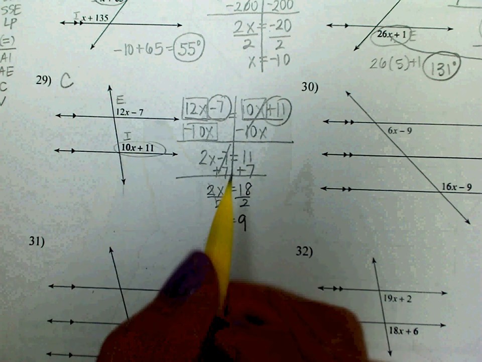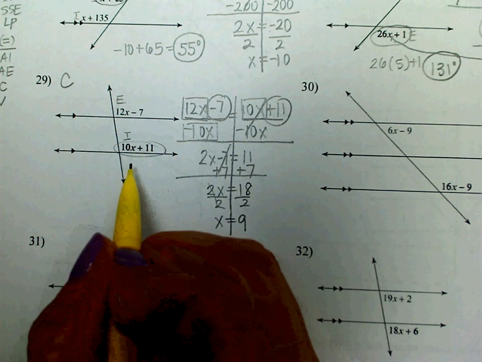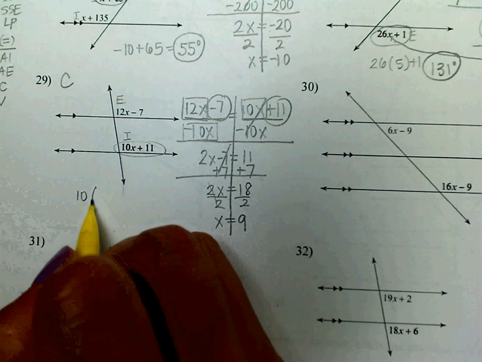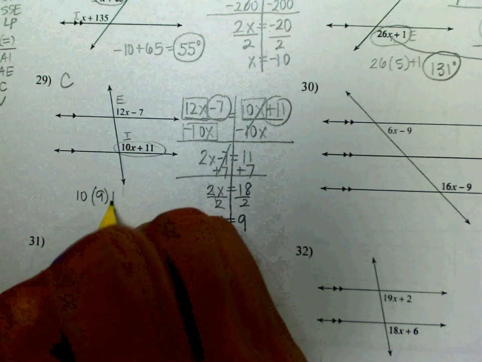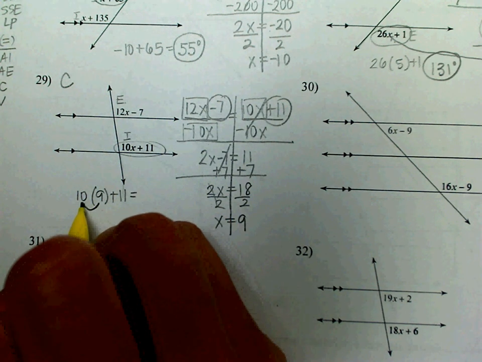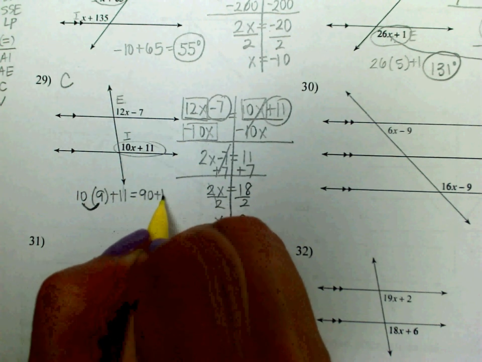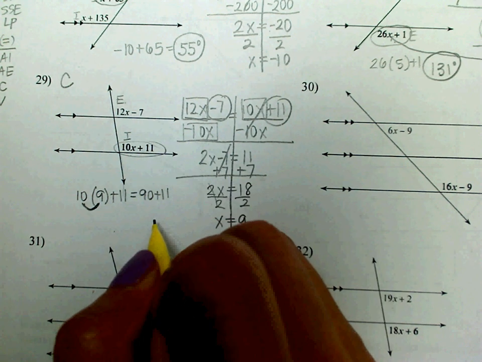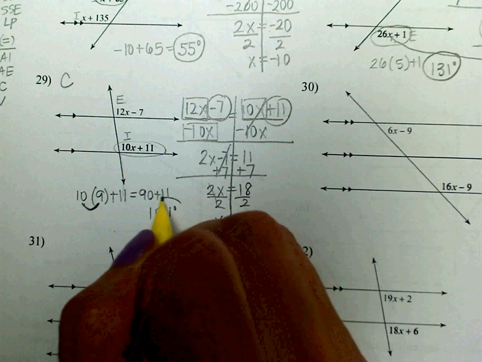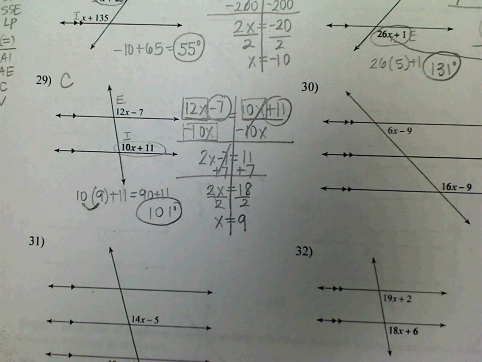So we're going to drop the 9 in there, so it becomes 10 times 9 plus 11. Remember, you do multiplication before you do the addition. So 10 times 9 is 90, plus 11 is 101. So that's a 101 degree angle. I'm going to check my answers here real quick. Let's see. Okay. All right, so far so good.